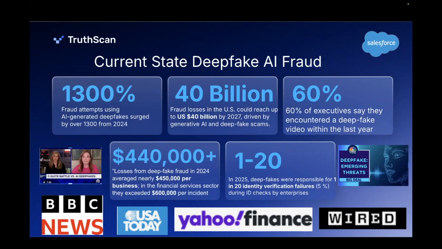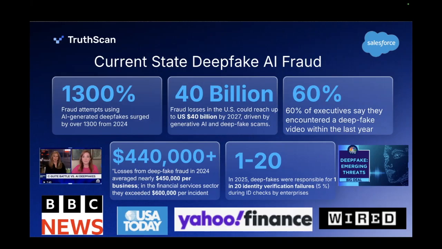When it comes to quantifying what this means, the average attempt is about 440,000 in losses per occurrence. If it's in the financial services sector, you can bump that up to about 600,000, which is huge.